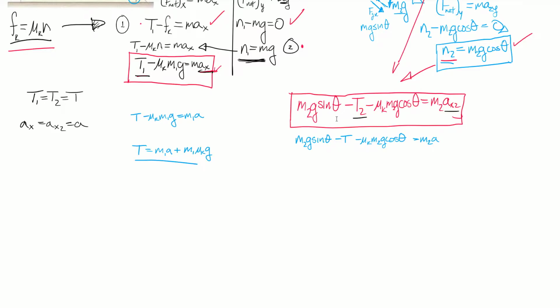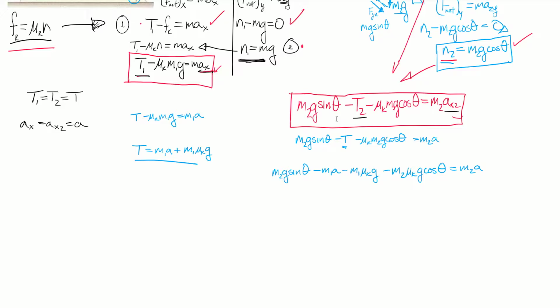I can then take this and substitute it in for this T over here, and we get m2g sine theta minus m1a minus m1 mu k g minus m2 mu k g cosine theta, all equal to m2 times a.